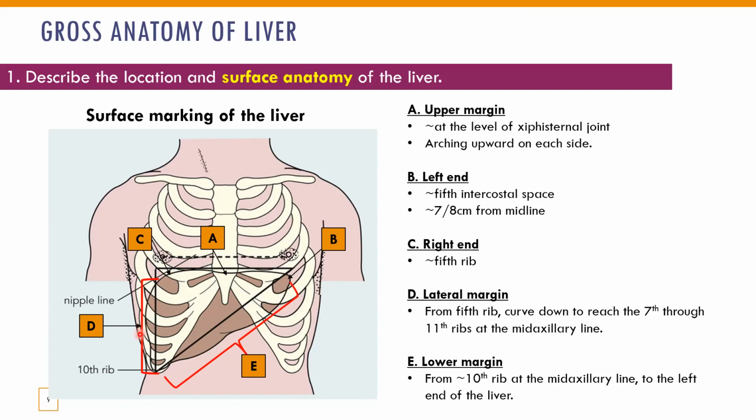From the 7th through the 10th or 11th rib, they curve down at the level of the mid-axillary line, and the lower margin is from the 10th rib until the left end of the liver.